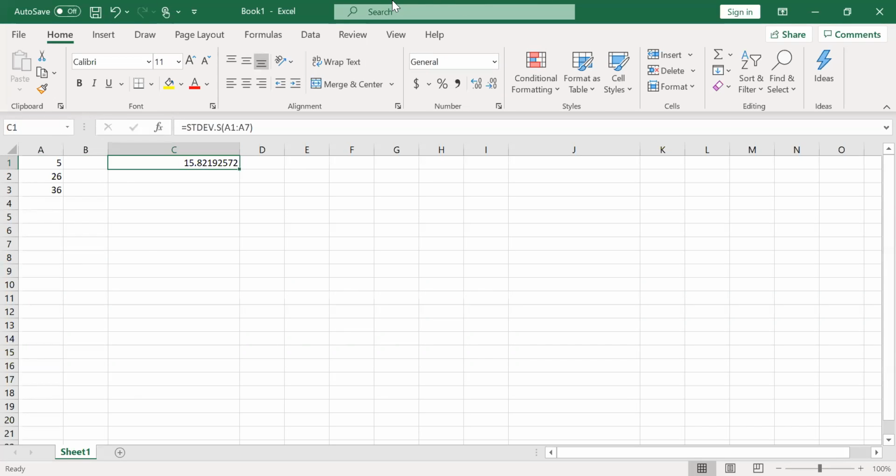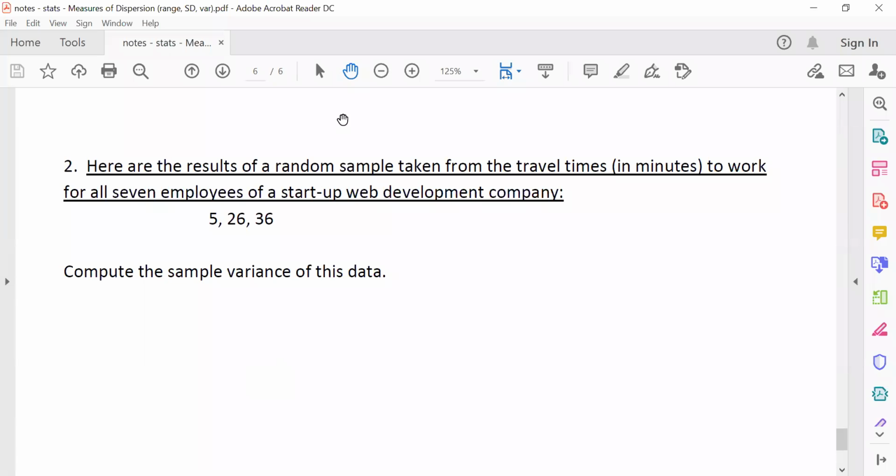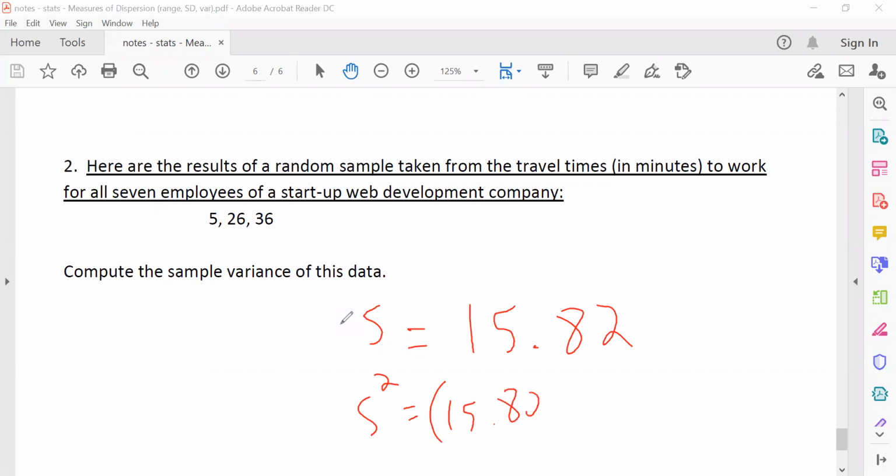S, because it's a sample standard deviation, is about 15.82. S squared, then, we take 15.82 and square it. That'll give us the sample variance, 250.27.